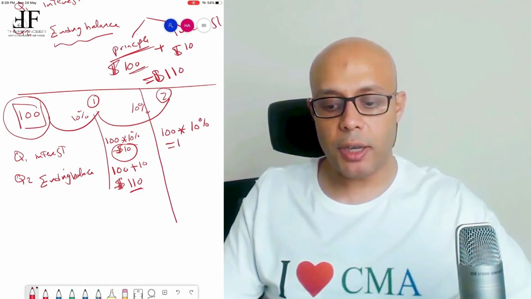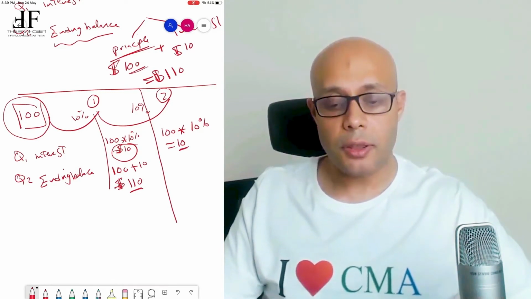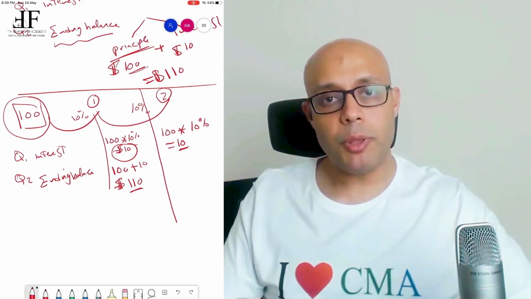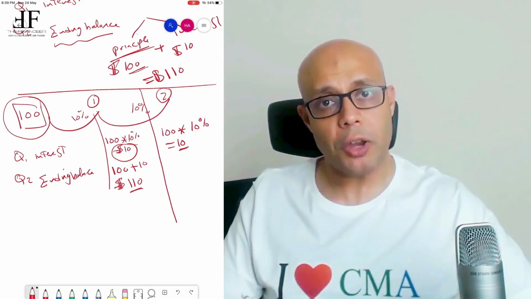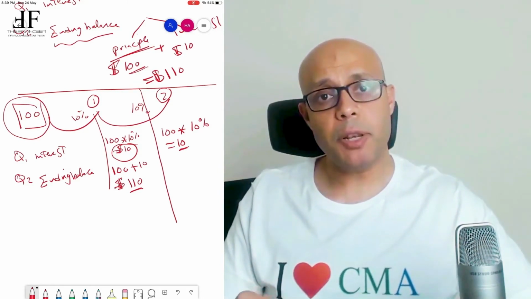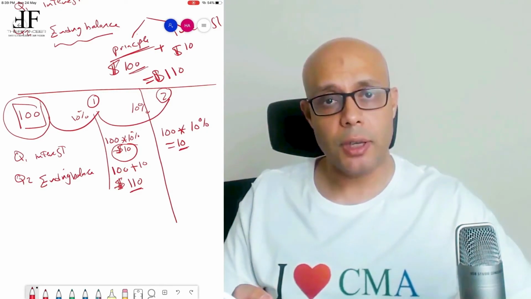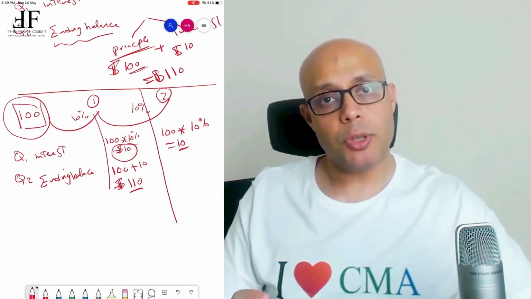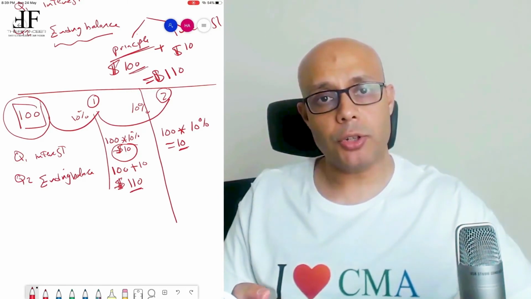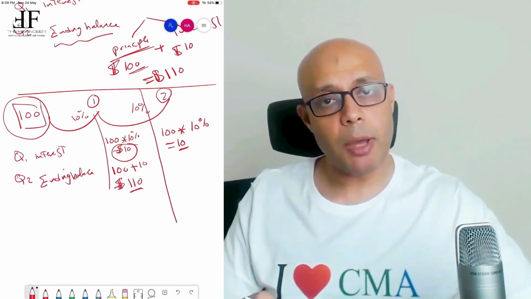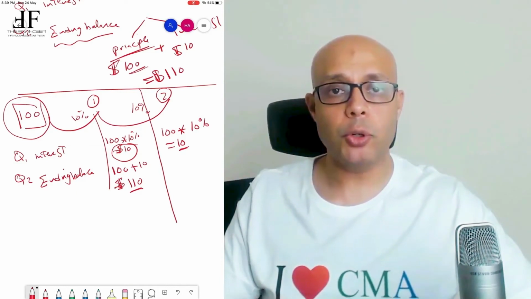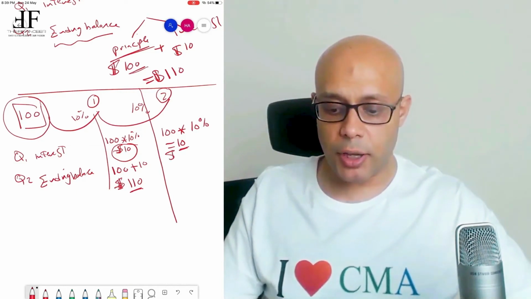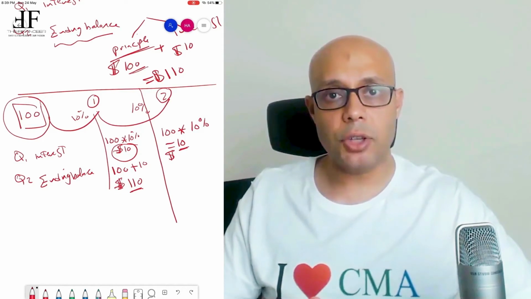So this will be the same $10 that you earned in the first year. The simple interest calculation assumes that each year you are going to earn the same interest, because you are basing your calculations on the initial deposit amount at the beginning of your investment. So the $10 here will be the interest of the second year.